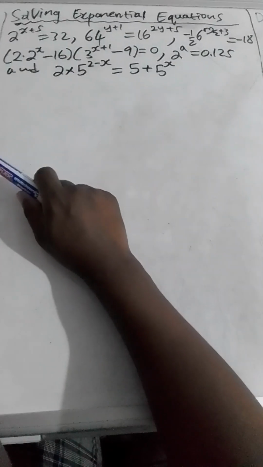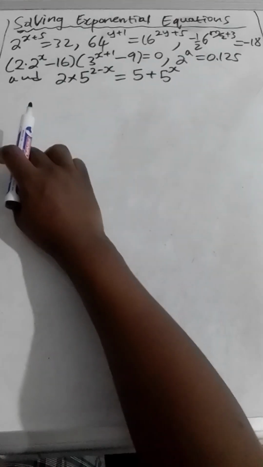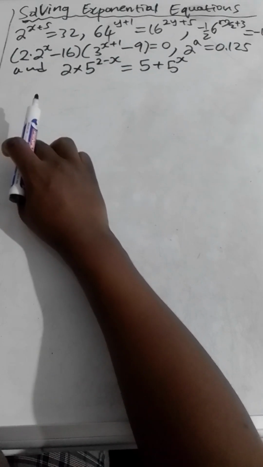So how do we solve exponential equations? We mainly depend on our knowledge of factorization and also prime factorization of numbers. There are videos that we've done on factorization and also solving for x.